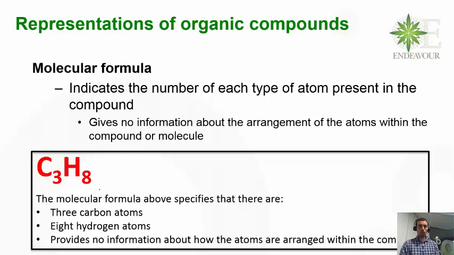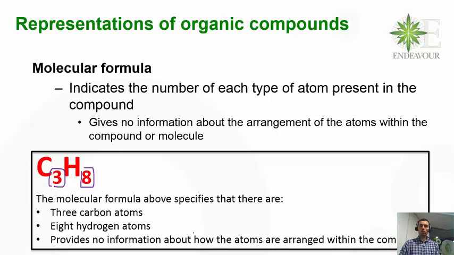So let's look at what the C3H8 does and doesn't tell us. First of all, it tells us that there are 3 carbon atoms because there's a 3 after the C, and it also tells us that there are 8 hydrogen atoms. However, it doesn't tell us how the carbon atoms and hydrogen atoms are actually arranged in the compound.